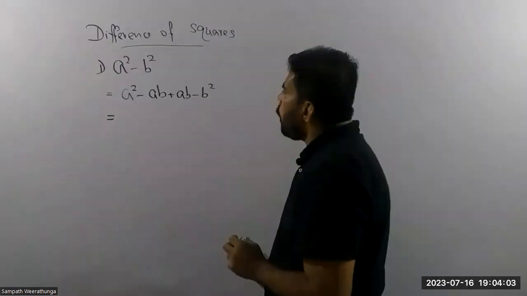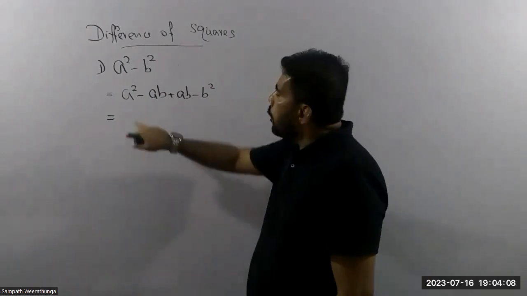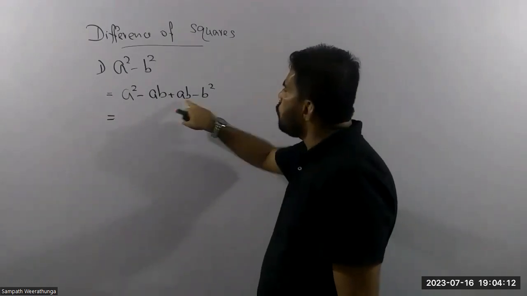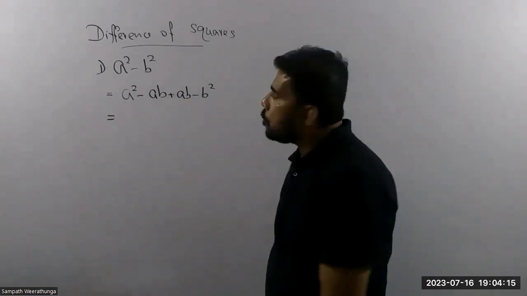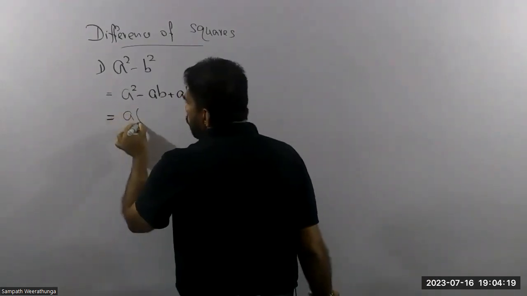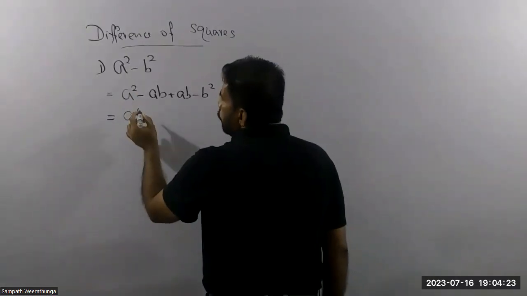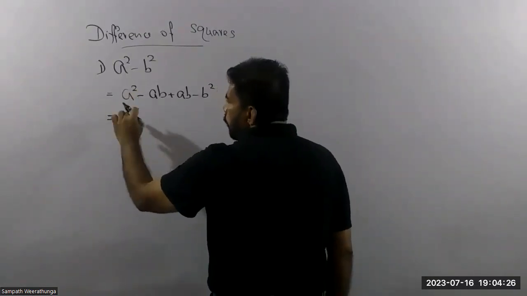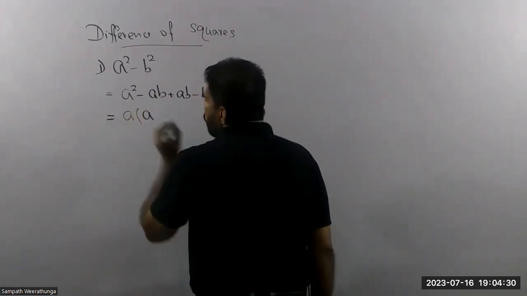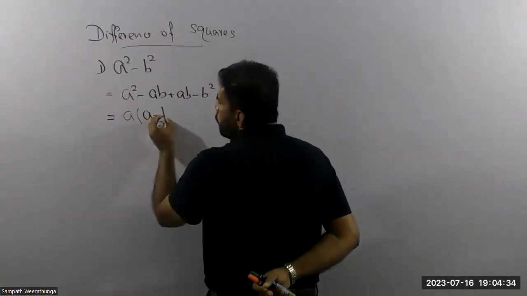But here I am seeing a relationship where for these two terms A is common and for these two terms B is common. So I'll take A out from this one, then within the bracket, if I take one A out from A squared, then one A will remain, and here B is remaining.